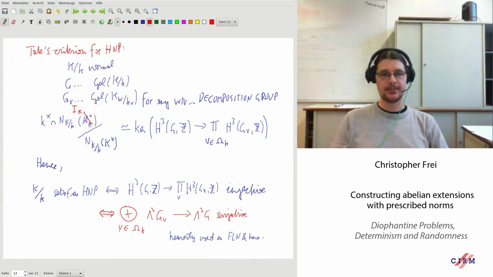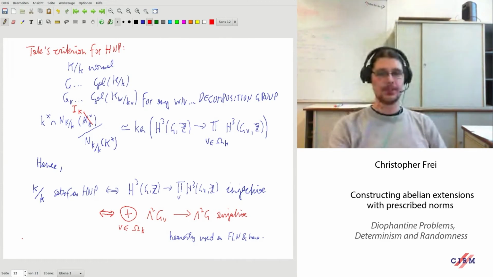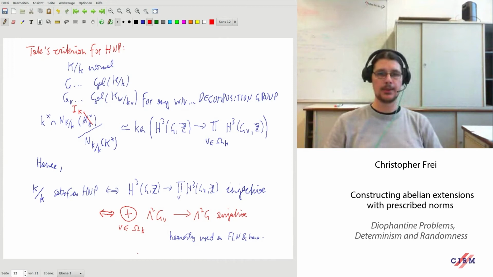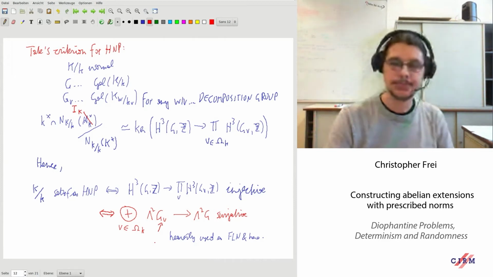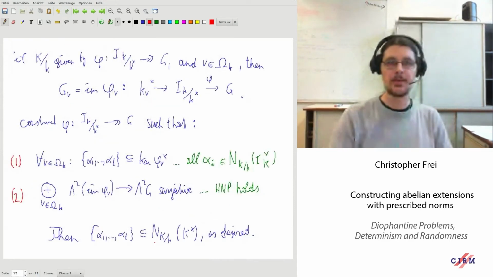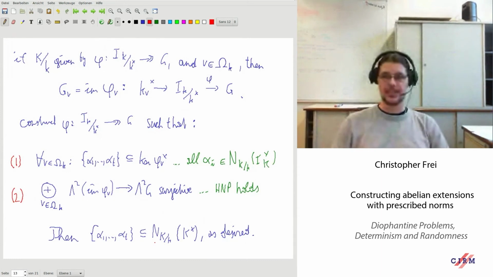So we have this criterion for the Hasse norm principle, and now we're going to apply it. To do so, we need to see how class field theory detects these decomposition groups. I'm explaining this here.